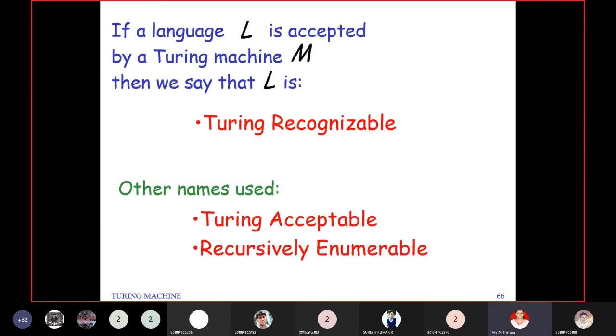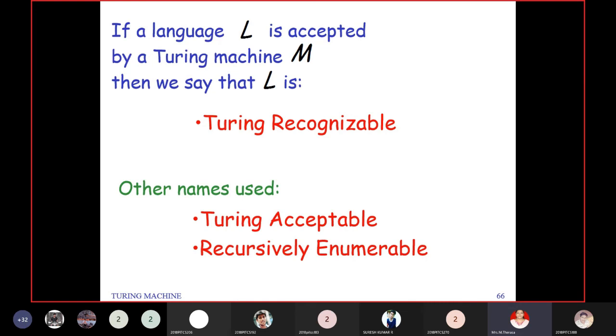If the language L is accepted by the Turing machine M, then we say that L is Turing recognizable. Whenever the language is accepted, we can say the language is a Turing recognizable language. Other names used are Turing acceptable languages or recursively enumerable languages.